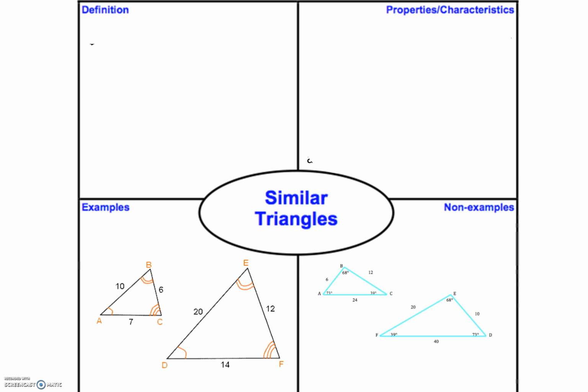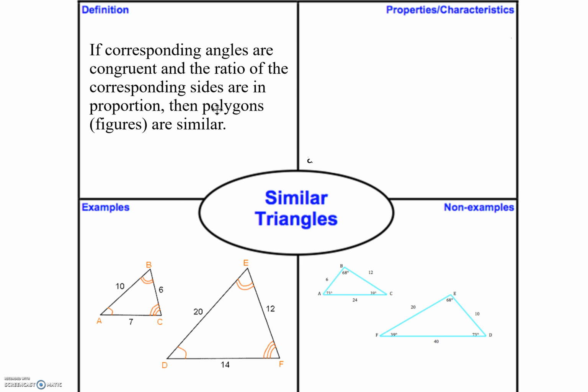So let's look at what similar triangles are. If corresponding angles are congruent and the ratio of the corresponding sides are in proportion, then it is said that the two figures are similar.